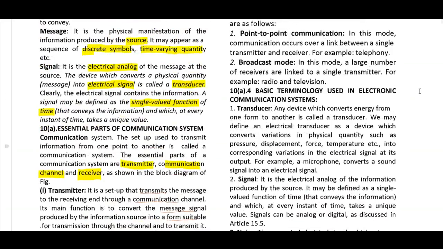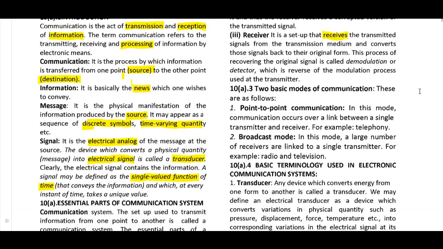Now, there are two basic modes of communication. One is point-to-point communication. In this kind of communication, first a connection is set up between the transmitter and receiver. It goes over a link. Now there are two methods.